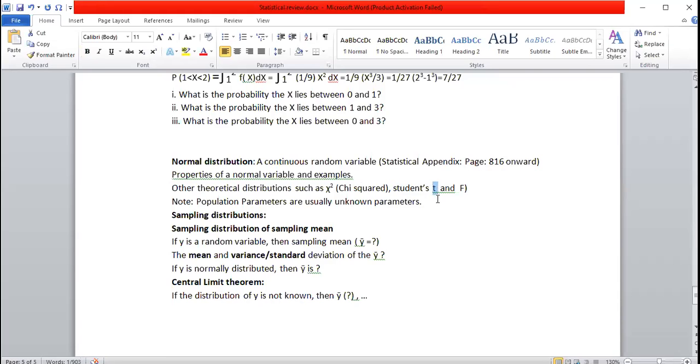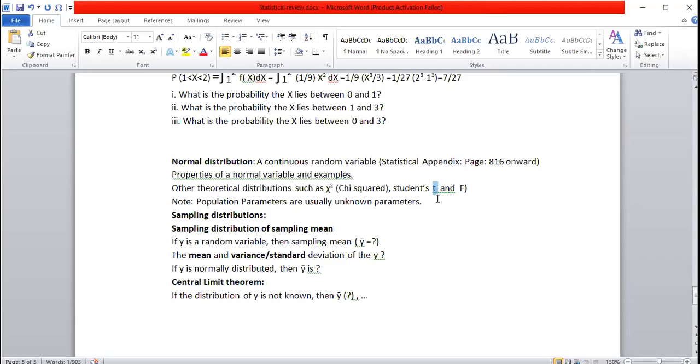So what should be the range for T? A ratio of Z and F should be minus infinity to plus infinity.